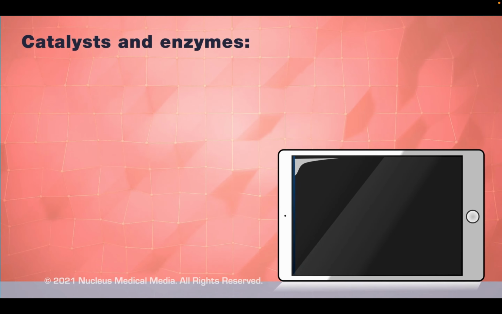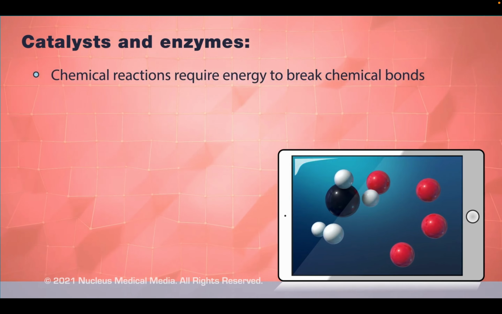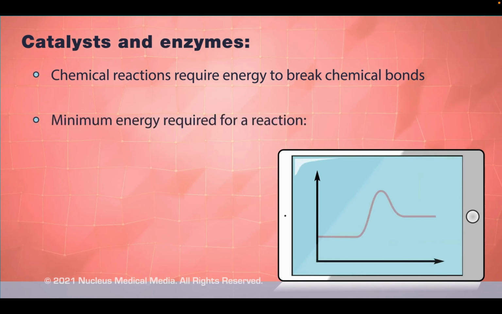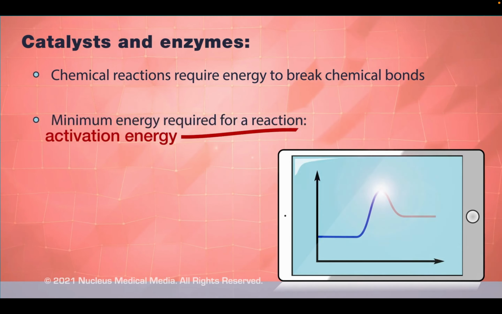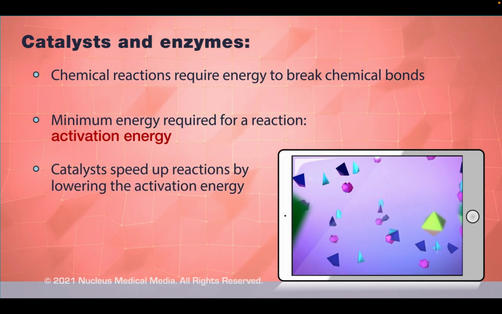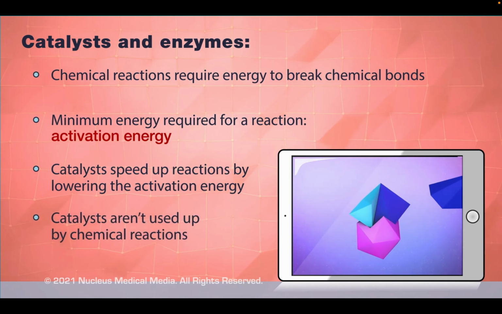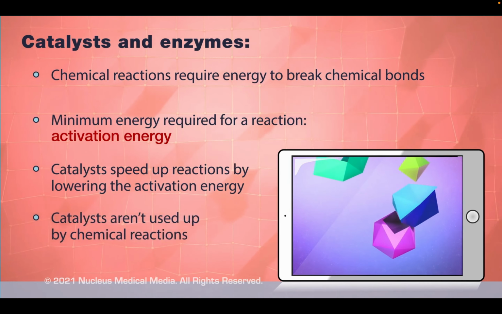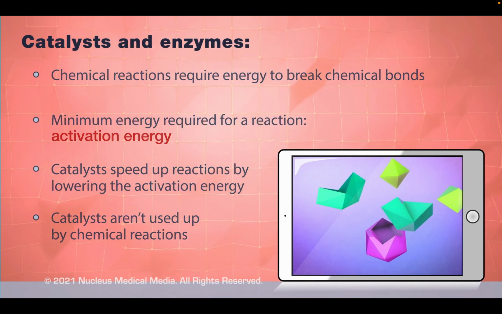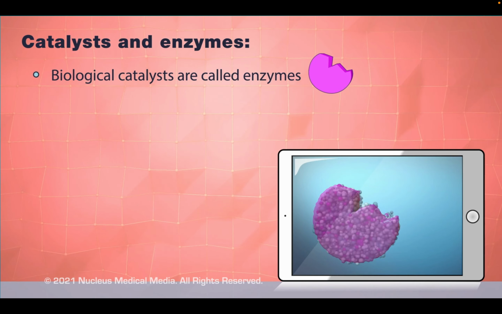To sum up, chemical reactions require energy to break the reactant's chemical bonds. The minimum amount of energy required for a reaction to happen is called the activation energy. Catalysts speed up reactions by lowering the activation energy. Catalysts aren't used up by chemical reactions. Biological catalysts are called enzymes.